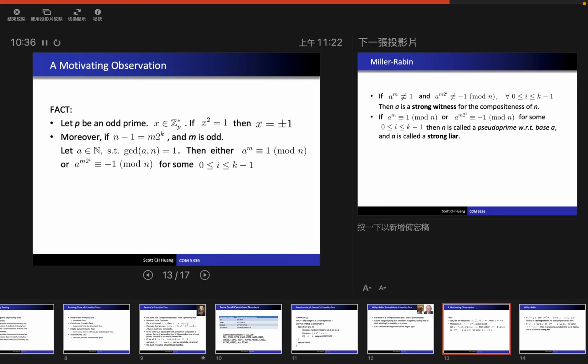So i goes from 0 to k minus 1 is this part. If in this part you actually end up with a minus 1, that's also an unfortunate case, because I said if you have a minus 1, it doesn't give you any information at all. So that's another useless case.